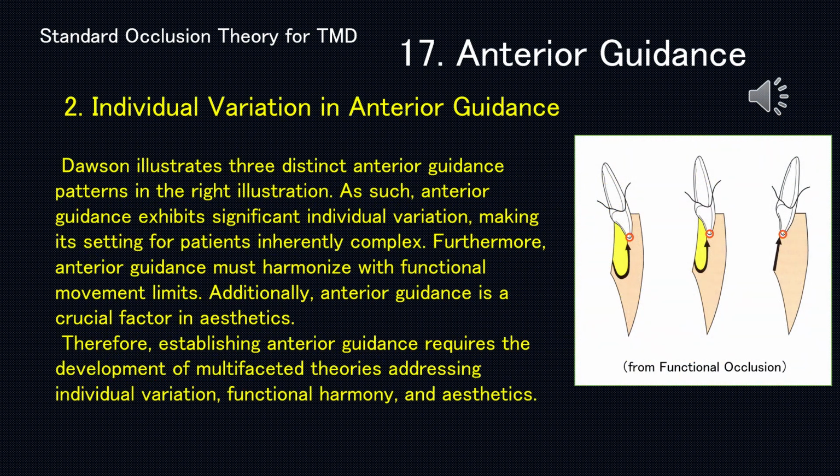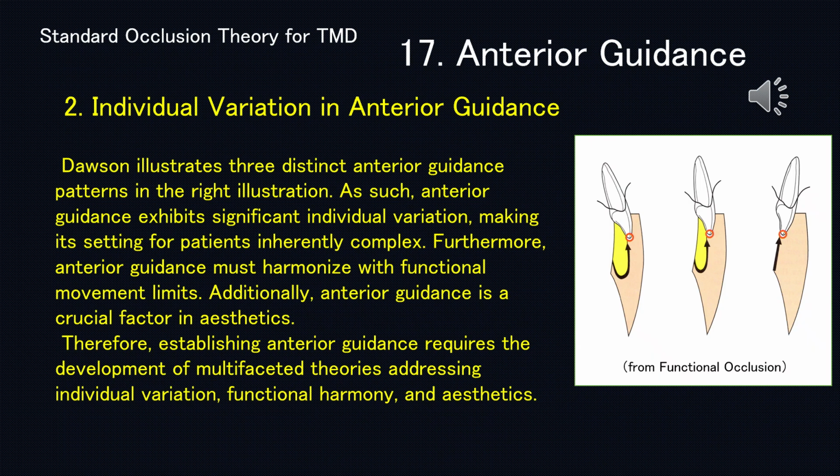2. Individual variation in anterior guidance. Dawson illustrates 3 distinct anterior guidance patterns in the right illustration. As such, anterior guidance exhibits significant individual variation, making its setting for patients inherently complex.